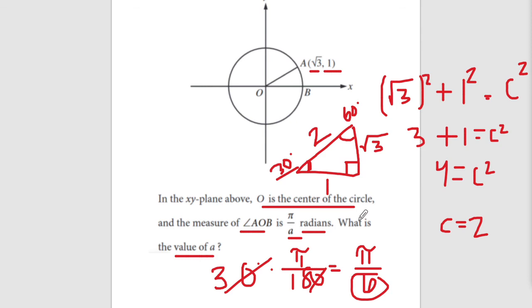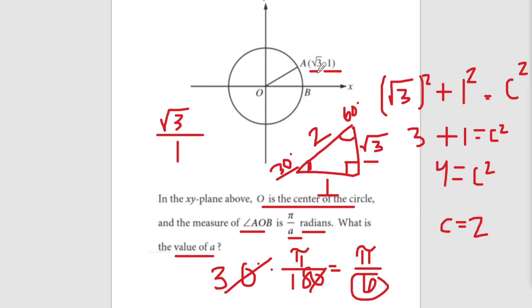And to make sure that's right, if you take the tangent, it is root 3 over 1, right? The tangent of 30 is root 3 over 1. Or you can say the tangent of pi over 6 is root 3 over 1. So it's opposite over adjacent. And this is the value of a, which is a point on the graph.